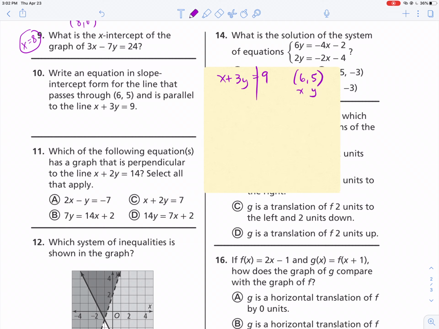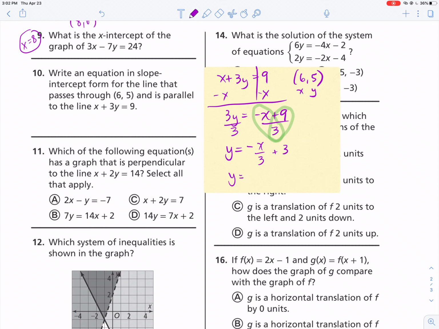So starting off with our equation, we're going to get the y by itself so that we can figure out what our slope is, because if it's parallel, then it's going to be the same slope. So we're going to put my x's first because I want to put it in y equals mx plus b format. I'm going to divide by 3 on both sides, and I have y equals, using our butterfly method, a negative x over 3, and then I have a positive 9 divided by 3, which is going to be 3.